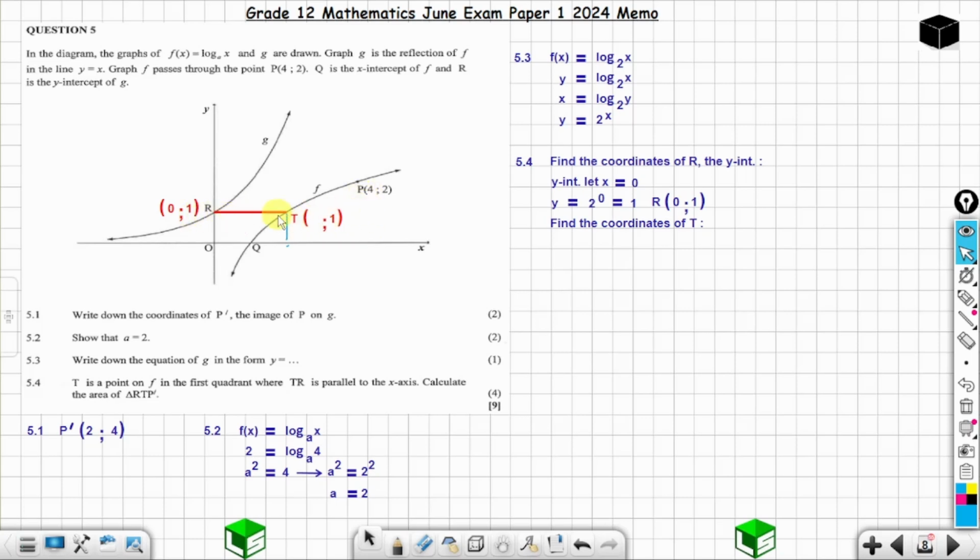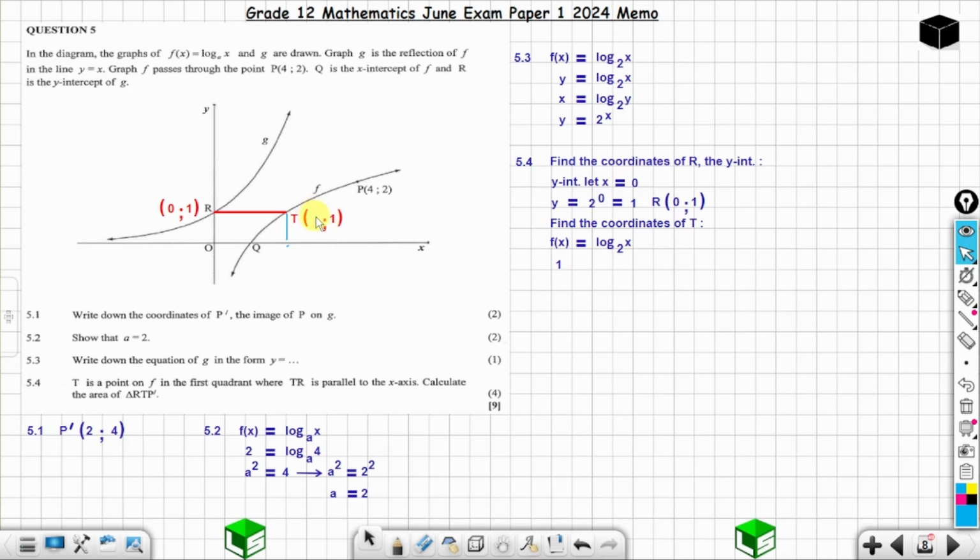So t is a point on the graph of f. We are going to use the equation of the graph of f. So we have f of x, y is equal to 1.